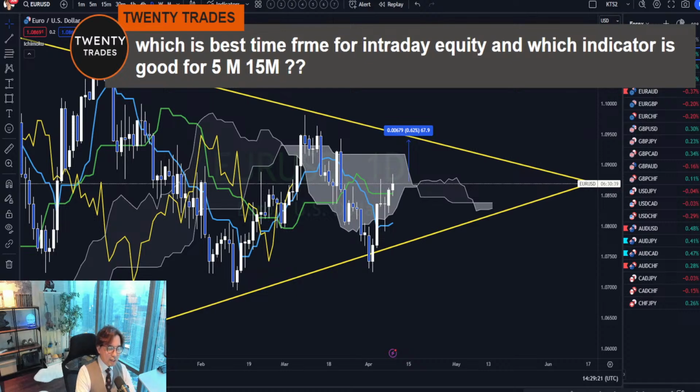In terms of intraday, definitely you better check the daily time frame. Although you're intraday trading, you better check the bigger picture. So daily time frame for sure to check, but when it comes to entry timings, I usually take the 5 minute to enter trades.